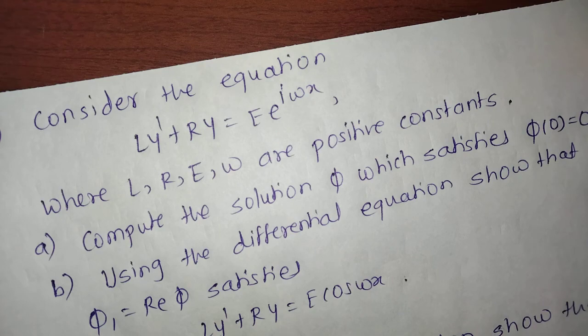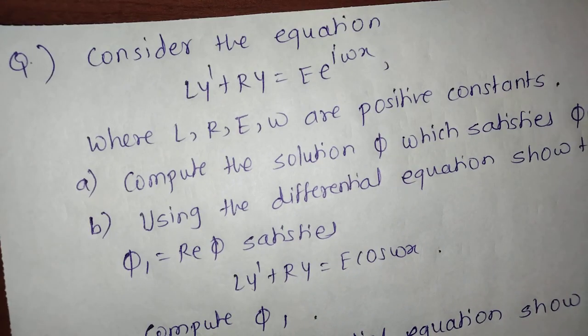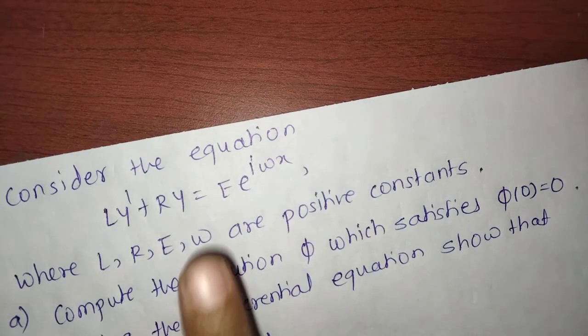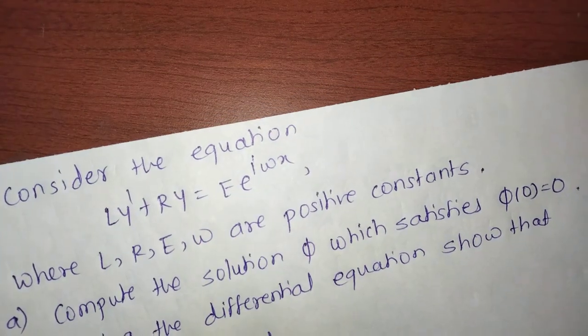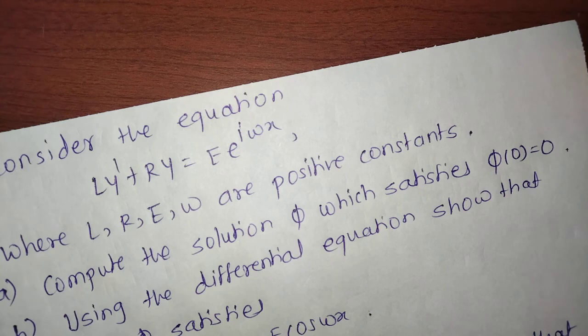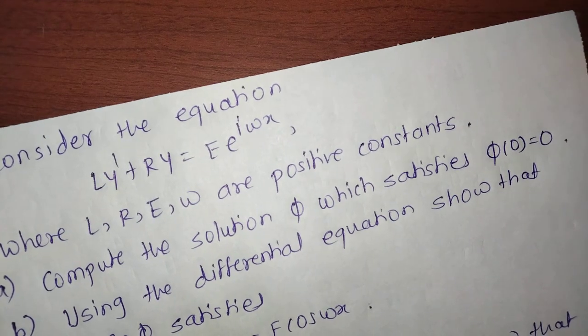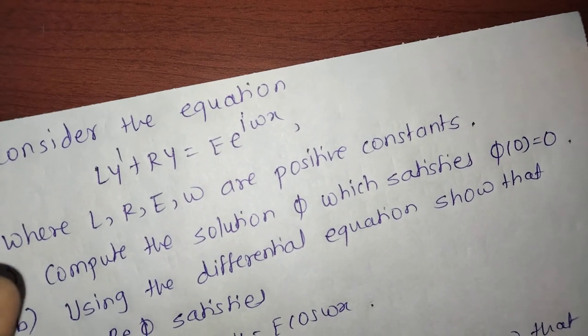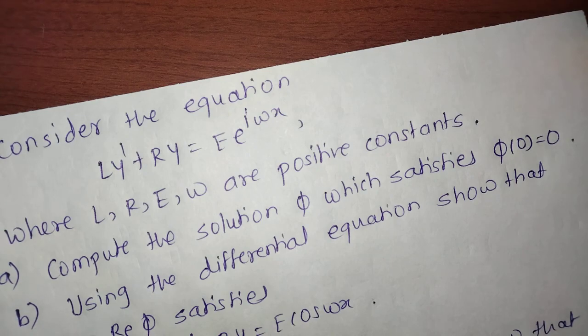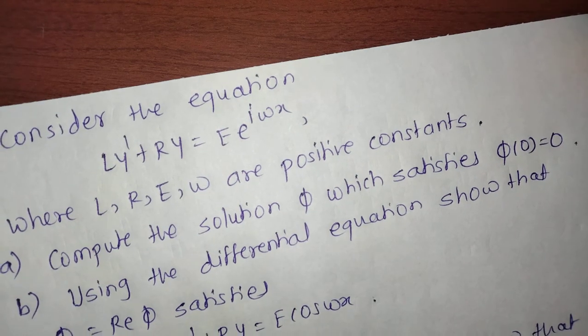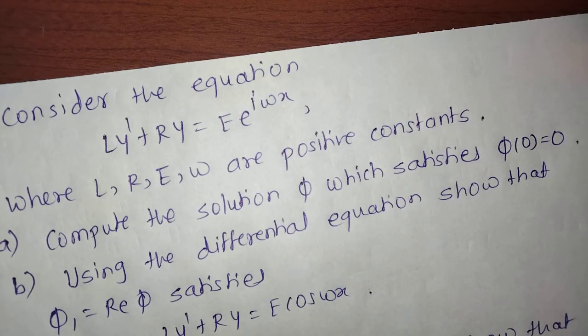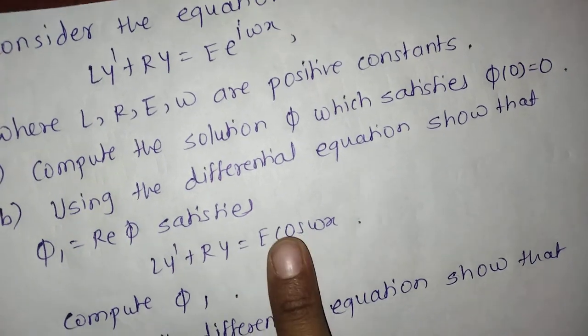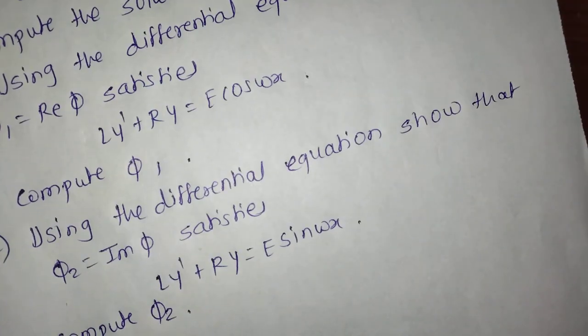Compute phi 2. For this, first you have to find the solution of this differential equation, and the solution is in the form of phi. Next, calculate the imaginary part and the real part of this solution. Then find the solution of this differential equation and that differential equation.